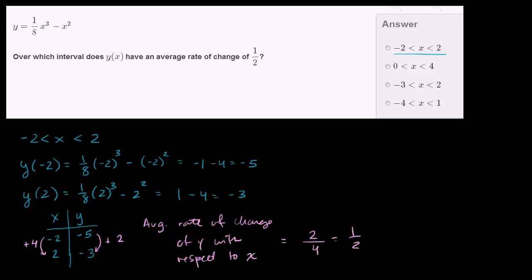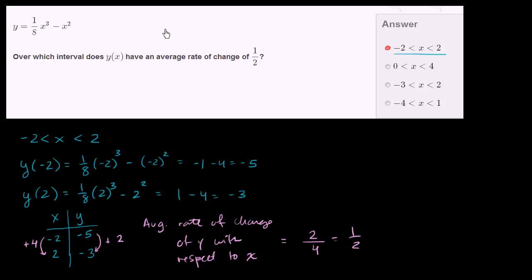So it's equal to 1/2. So it does look like the average rate of change over this interval right over here is 1/2. So we got lucky in this situation. Our first choice, and this is a multiple choice, so it's not a multi-select here, met our criteria, so we know that that's the answer. But let me do one more of these other ones to show you why that is not the answer.